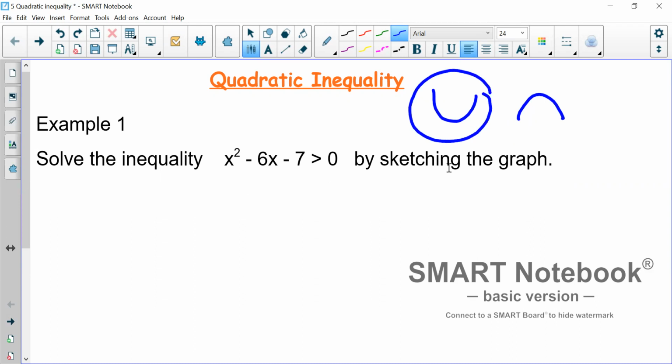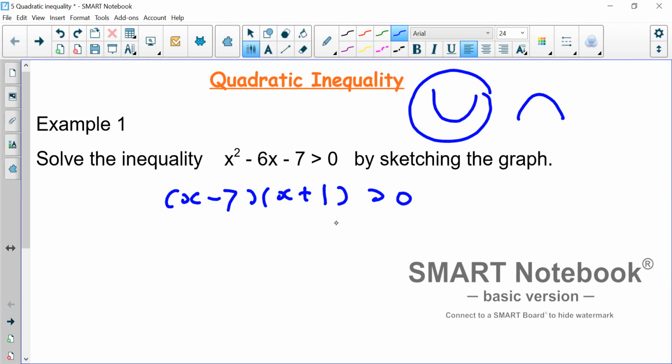And to sketch the graph, I need to firstly factorize the left-hand side. So let's start to do that. My x squared minus 6x minus 7 can be factorized into (x minus 7) times (x plus 1), which is greater than 0.